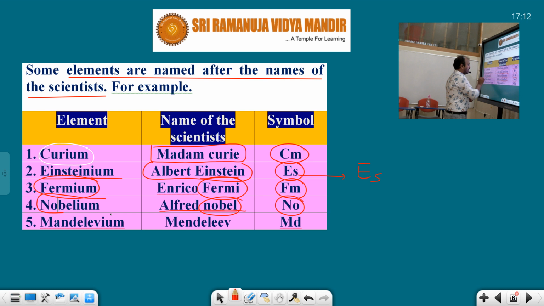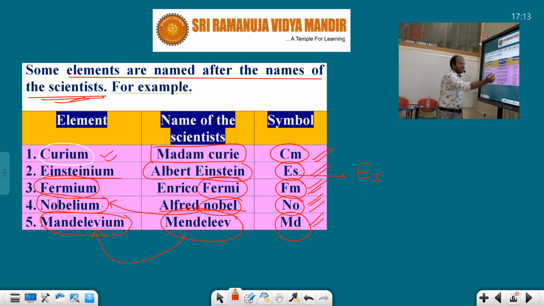Mendeleev is a very popular scientist. From this scientist's name, one element name is given, that is Mendelevium. That symbol is Md. So how can you understand here? Some element names are based on which ones? Scientists' names, like Curie, Einstein, Fermi, Nobel, Mendeleev. From Madame Curie, the element name curium is given.